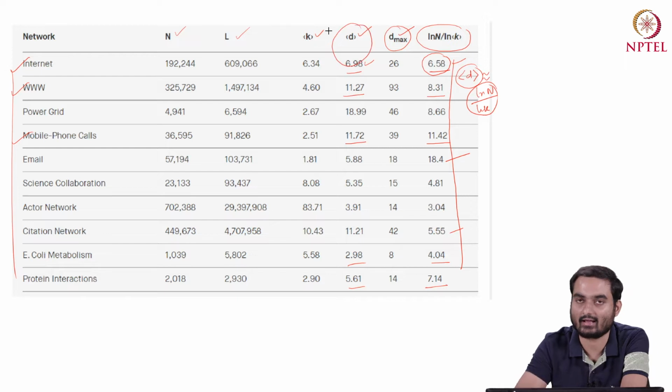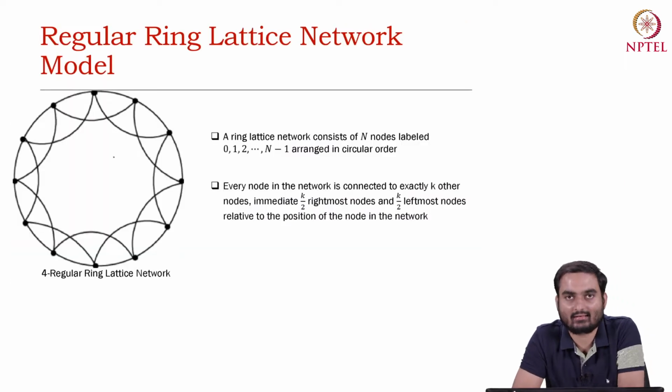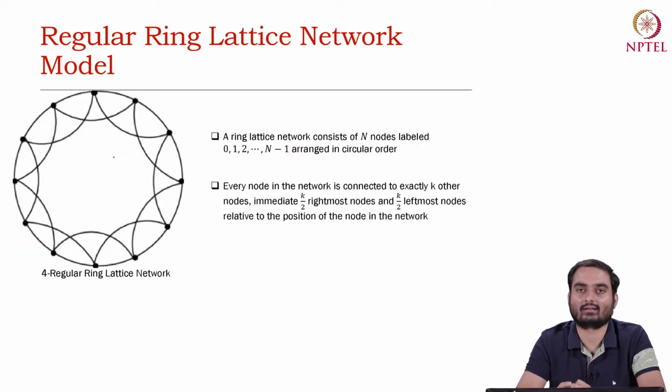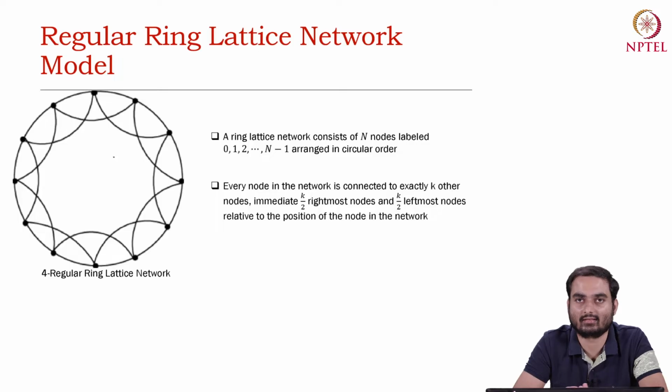So this is the average path length that you observe in a real world network, and this is the approximation, and the two are more or less the same.